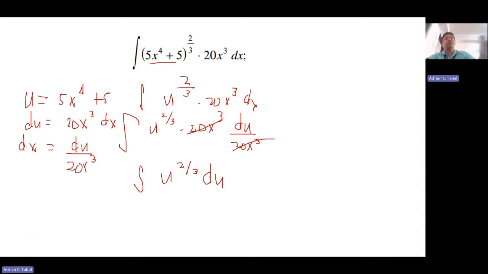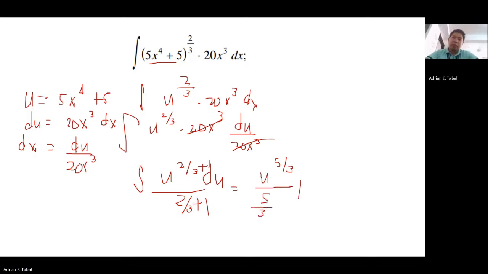So power rule, plus 1. We also have 2/3 plus 1, that is equivalent to u to the 5 over 3, since 1 is 3 over 3. We also have 5 over 3 plus c.